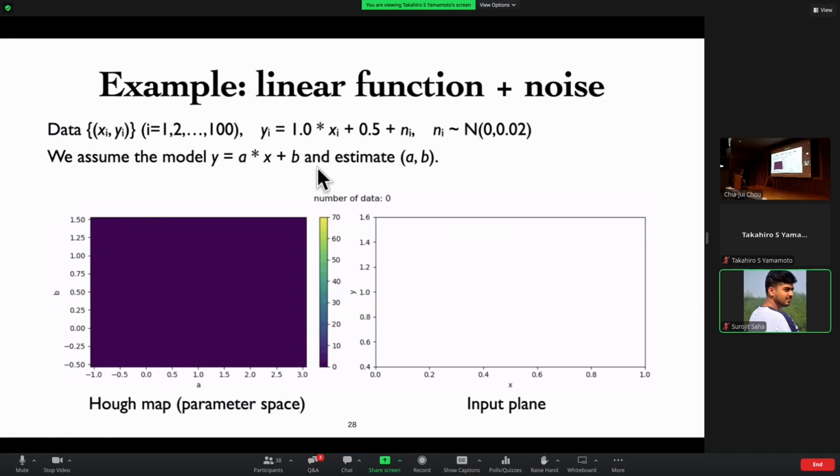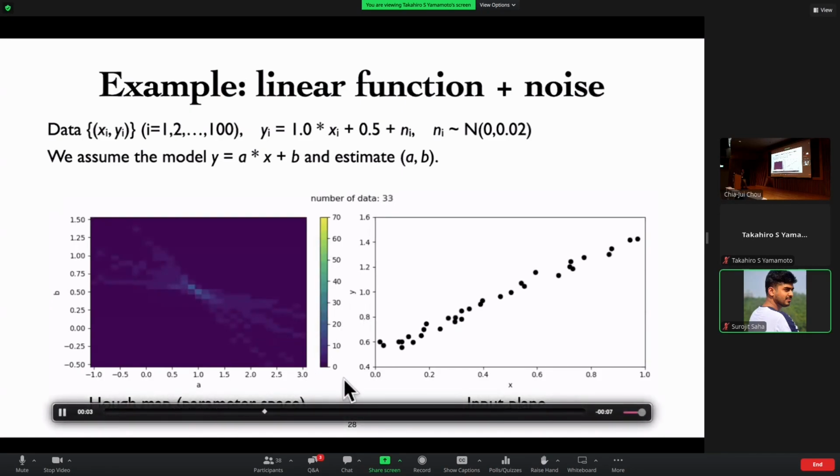We want to estimate the coefficient A and the constant B. For each data point, we increment the values in the parameter space if they are consistent with the parameters. So as the number of data points increases, you gradually find the true parameter values of A equal 1 and B equal 0.5.